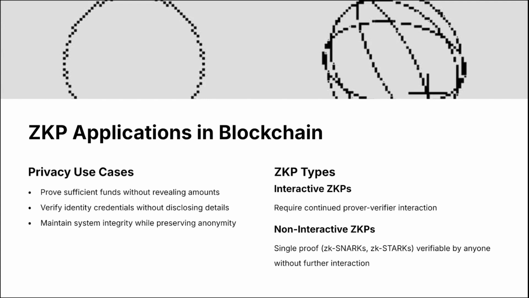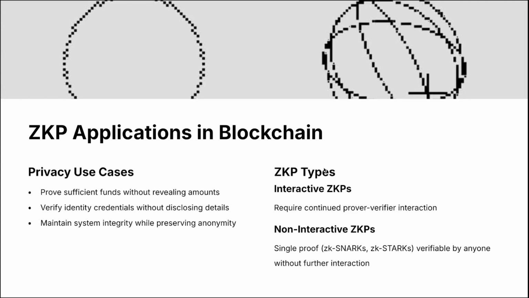Similarly, they can verify identity credentials like age or citizenship without disclosing personal information. This is crucial for compliance. There are two main types of ZKP. We have the interactive one, which involves an ongoing exchange between the prover and the verifier, where multiple rounds of communication are required. We also have the non-interactive one, which produces a single proof that can be verified by anyone, anywhere, without needing further interaction with the prover.